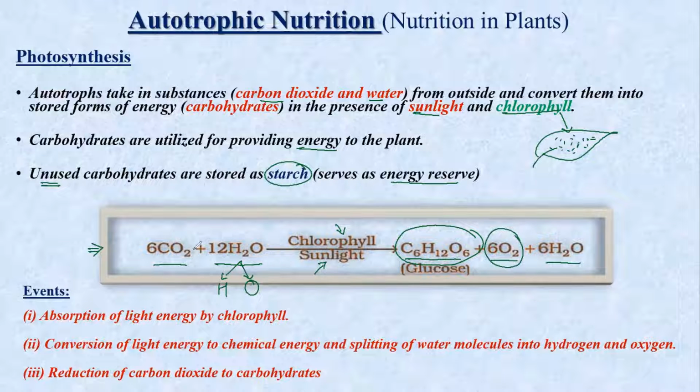The final step involves the reduction of carbon dioxide. The carbon dioxide undergoes a reduction reaction to produce glucose, that is carbohydrate. So you have to remember these 3 steps for understanding photosynthesis.